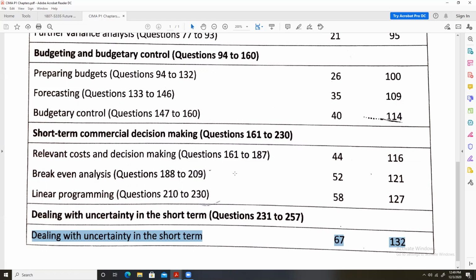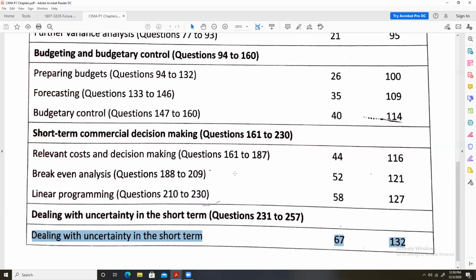The expected value technique uses probabilities, and then there are the maximax, maximin, and minimax regret rules. You can remember these three rules by their names. Maximax means the best of the best, maximum of maximum. Maximin, maximum of minimum.